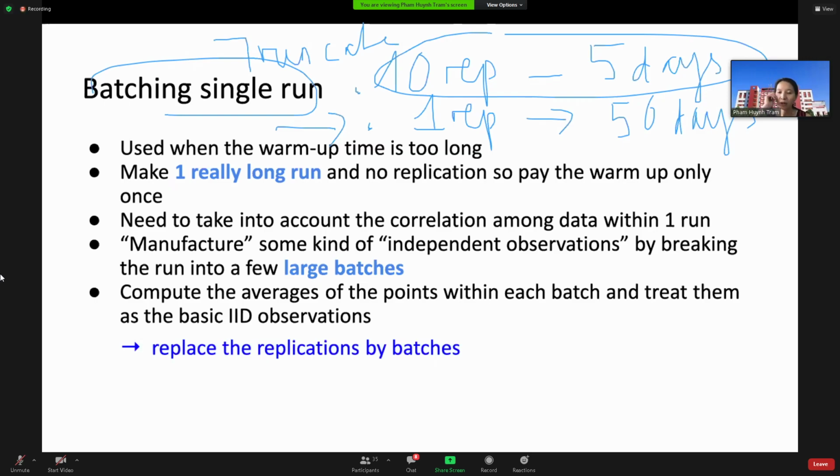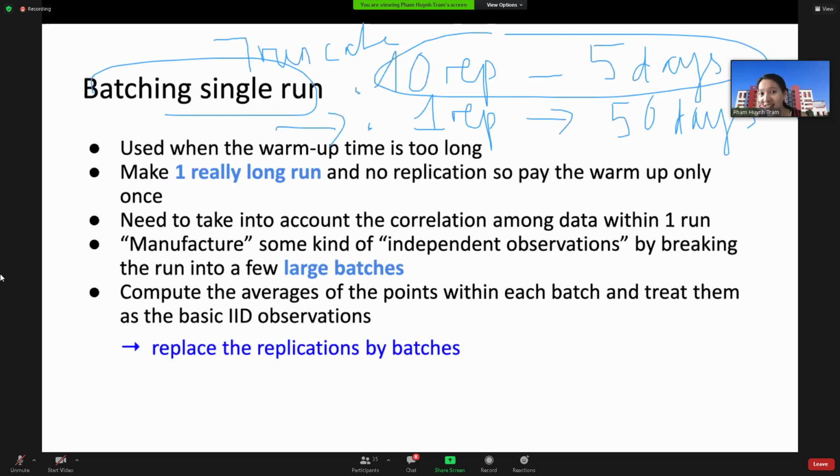Now, however, we have a statistical problem in doing the output analysis for batching single run. Do you remember the reason why we have to run many replications? We need independent data for using the classic statistical formula to calculate the half width of the confidence interval.